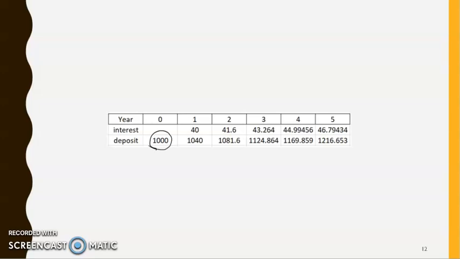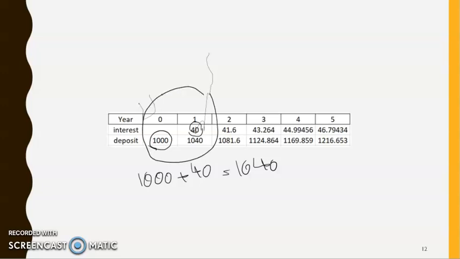They are going to give me $40 interest. So I had an initial deposit of 1,000 first and $40 after that. So the total amount of money I will have in the account after 1 year would be 1,000 plus 40. That is equal to 1040. The 1040 that you see here is because of that. So until here we are fine.